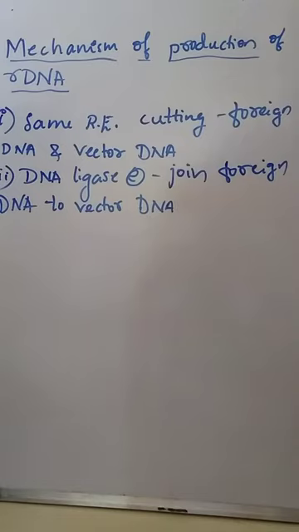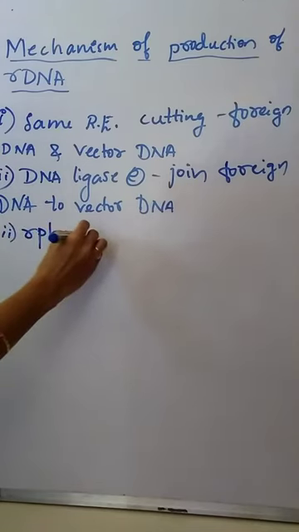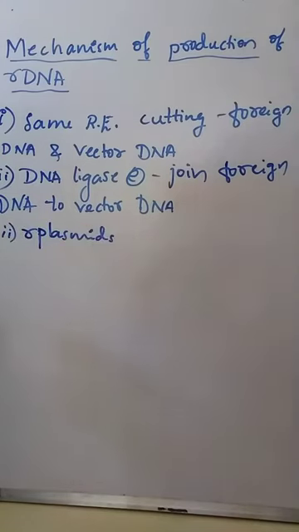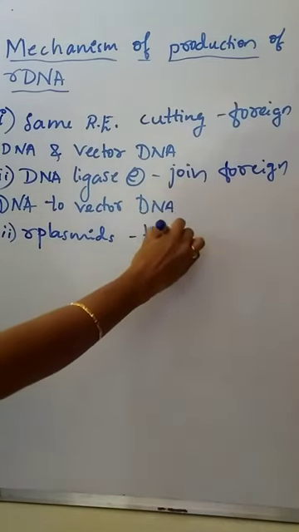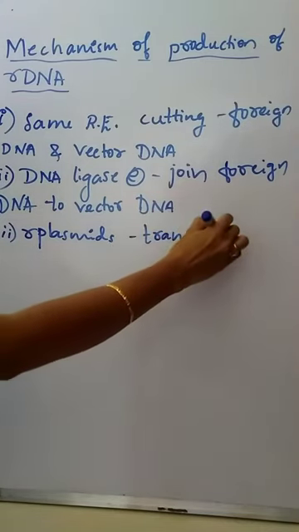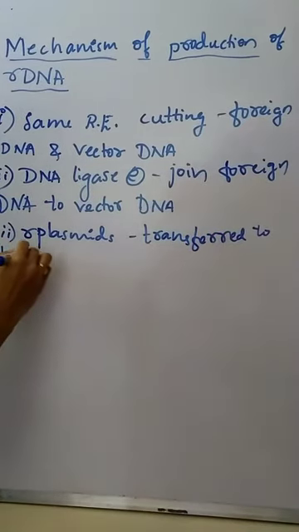Next, the third step is that recombinant plasmids are transferred to the host cell and cultured. Recombinant plasmids are transferred to a particular host.